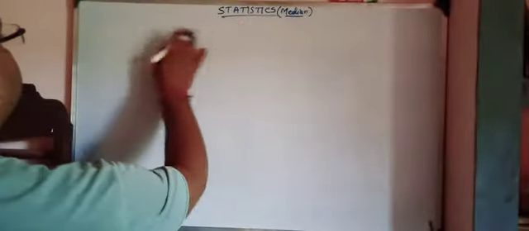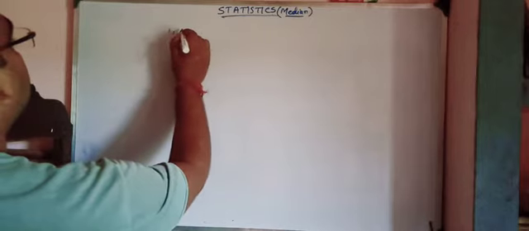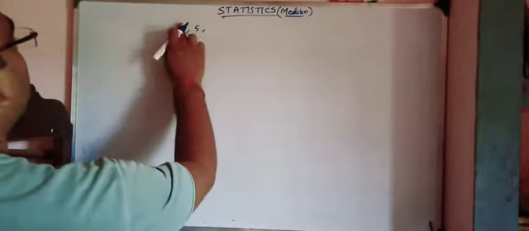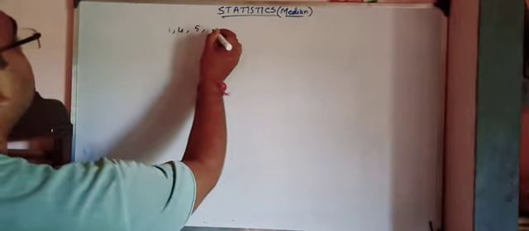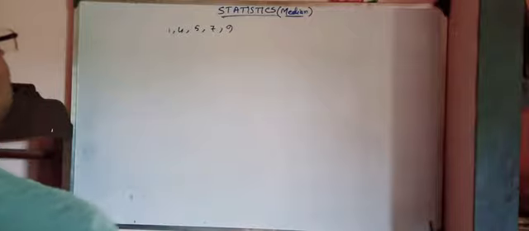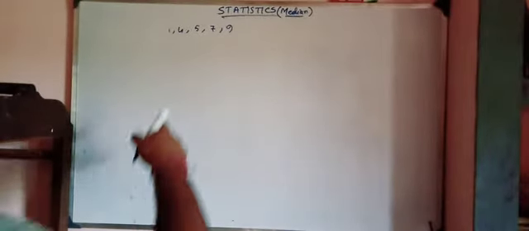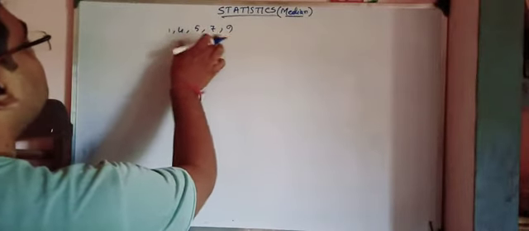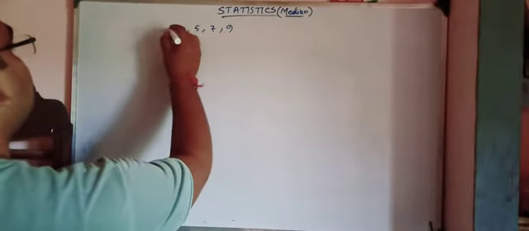That means, suppose we have some data: 1, 4, 5, 7, 9. If we arrange this in ascending order, it is already arranged in ascending order.